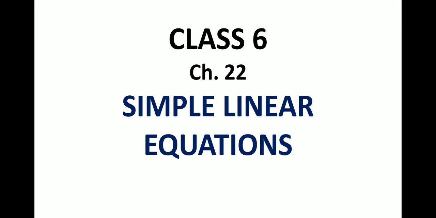Welcome class 6. Today we are going to start with the new chapter, chapter number 22, simple linear equations. If there is an expression which is equal to another expression, then this mathematical statement will be called an equation.